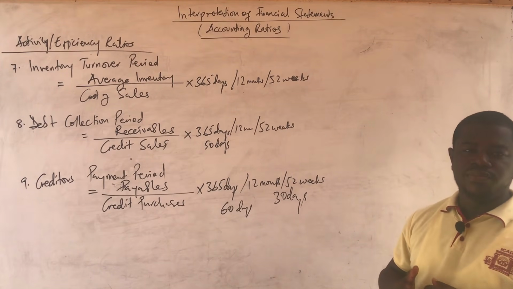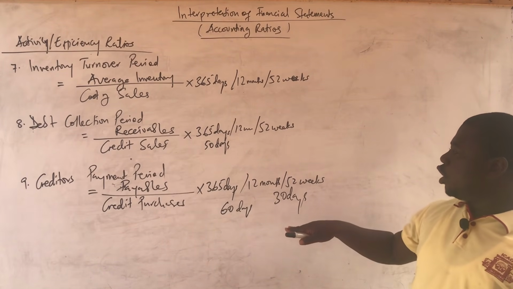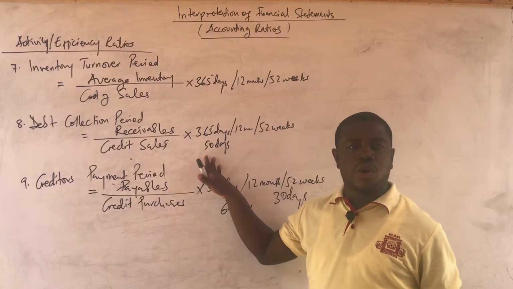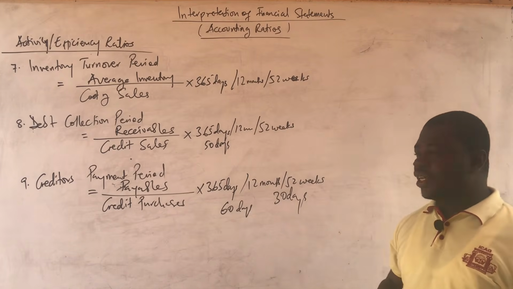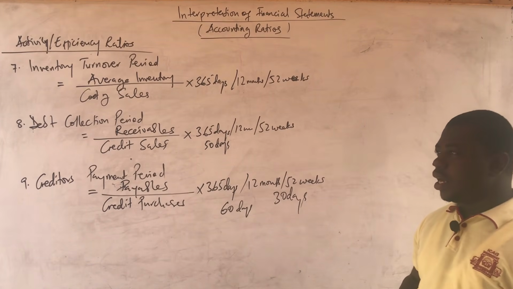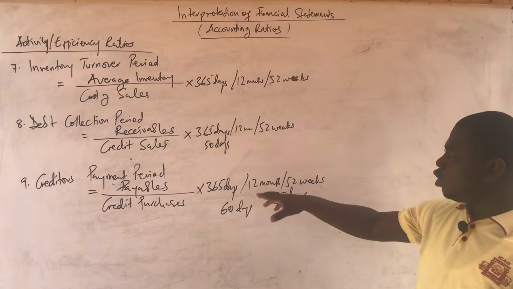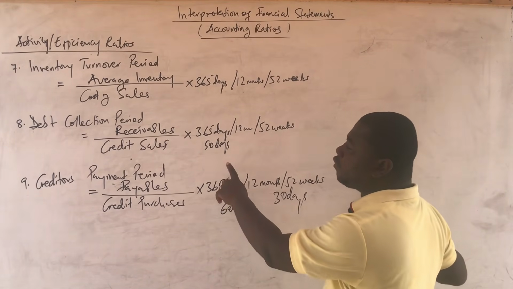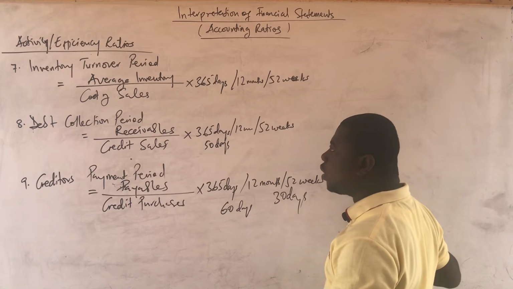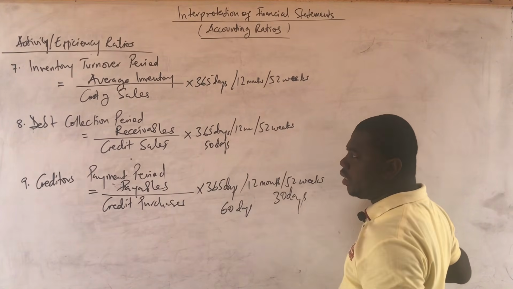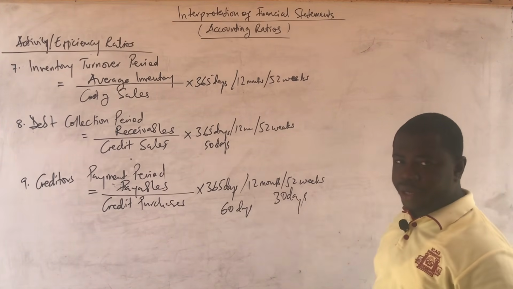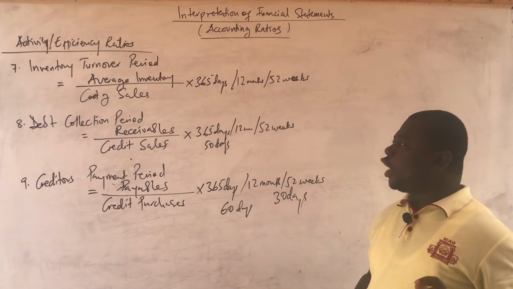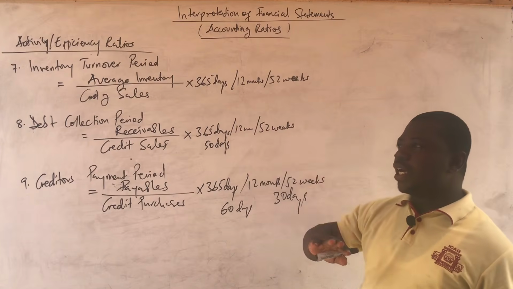Then it's wrong, because your debt will be due for payment when you have not also collected from those who bought from you, and you will gradually be running out of business because you are going to have liquidity challenges. And so sometimes it's not enough to just interpret them on their own as separate. You have to compare the two of them before you'll be able to interpret. Now, at other times, it will also be about the industry.